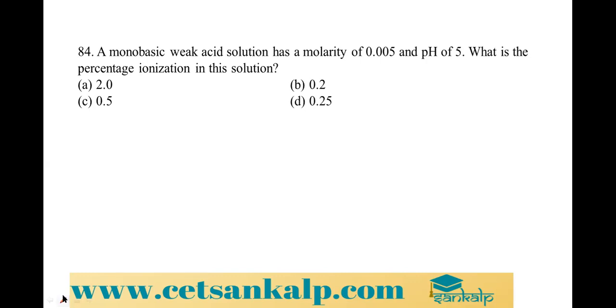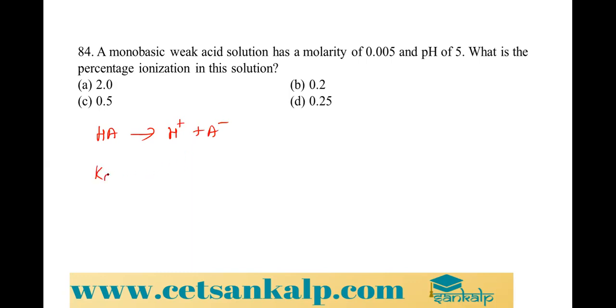Question number 84. A monobasic weak acid solution has a molarity of 0.05 and a pH of 5. What is the percentage ionization of this solution? A monobasic acid is given, so I am taking it as HA. That gives rise to H plus and A minus.